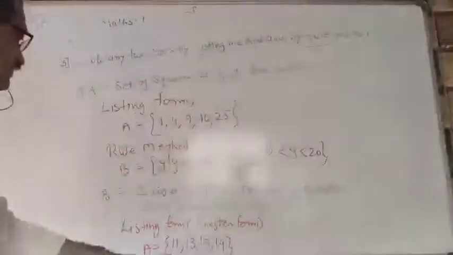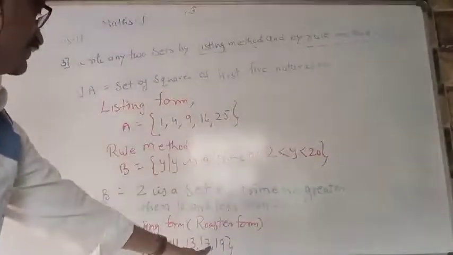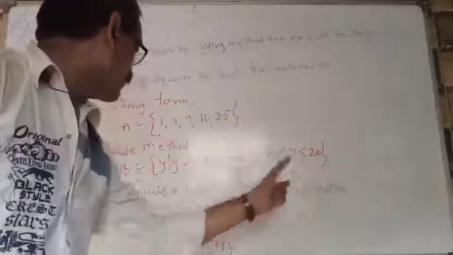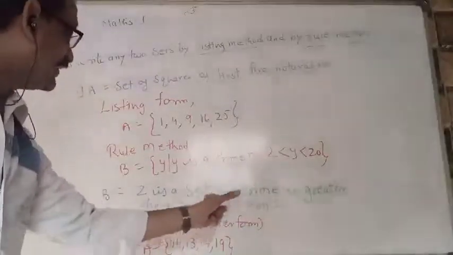These are the prime numbers greater than 10 and less than 20.